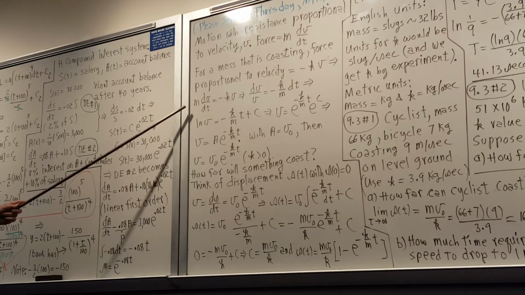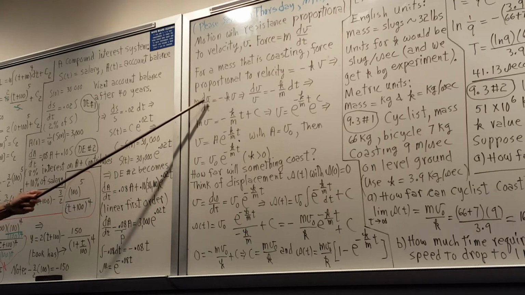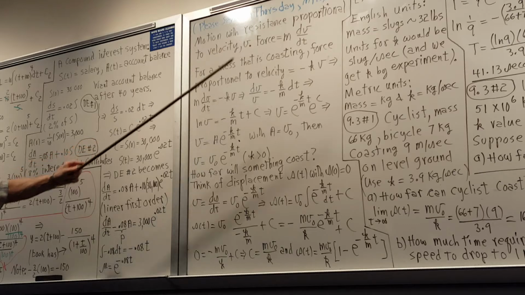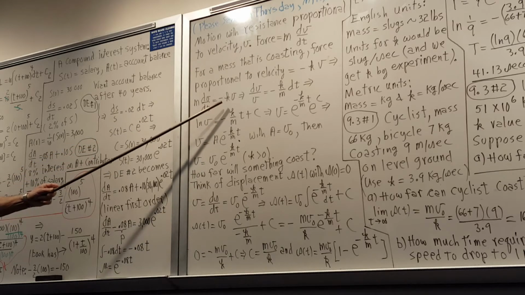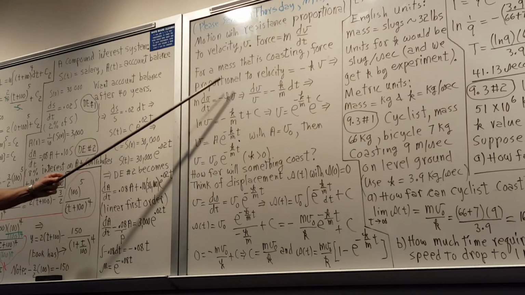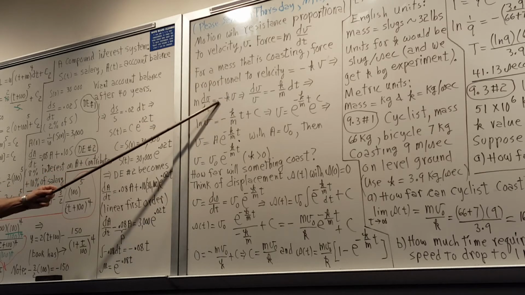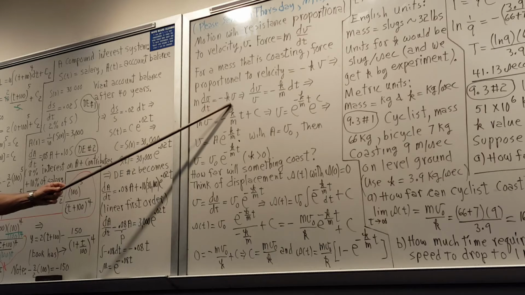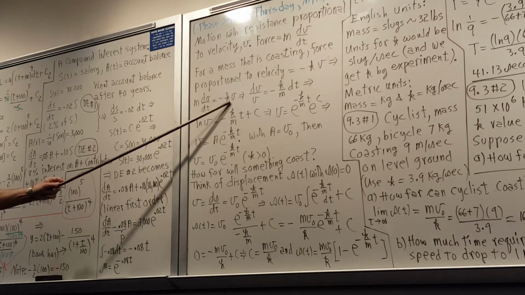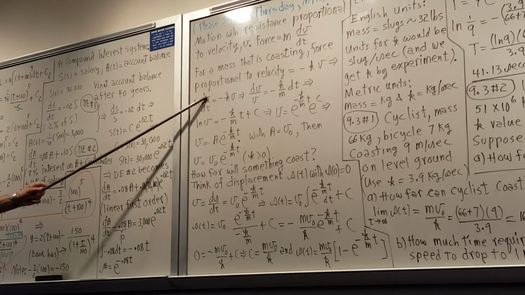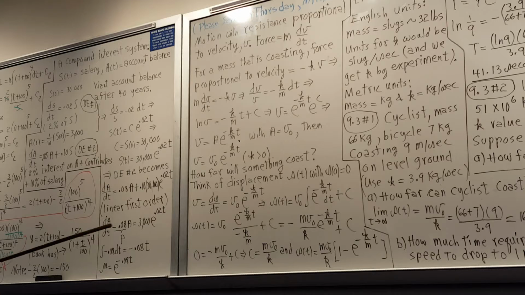Then from our force being mass times acceleration, or dv/dt, from Sir Isaac, and the assumption that the resistive force, that's why the minus, is proportional to the speed that's still remaining, we get to write an equation. And you see it involves a derivative, so it's a differential equation.